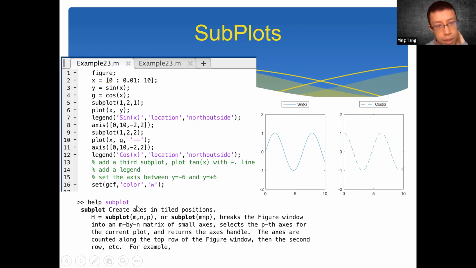There is one task: add a third plot and do some adjustment to the third plot. Right, so now we only have 2 subplots, make it 3. And plot tangent dx, and legend, adjust axis. Please try this in example 23.